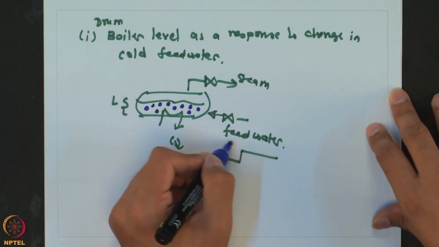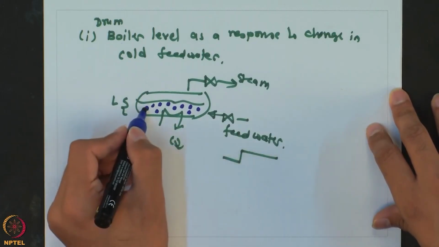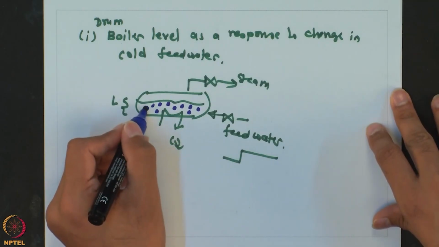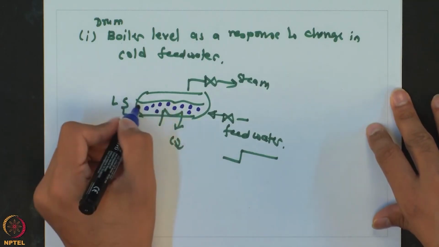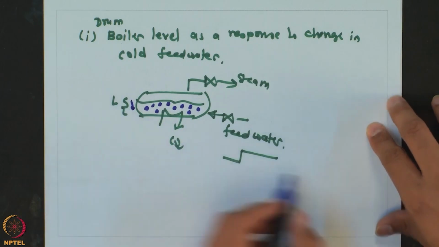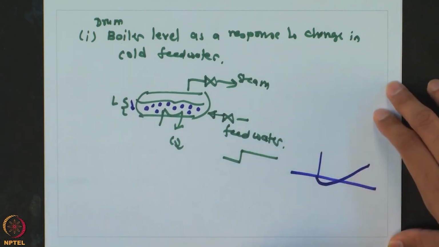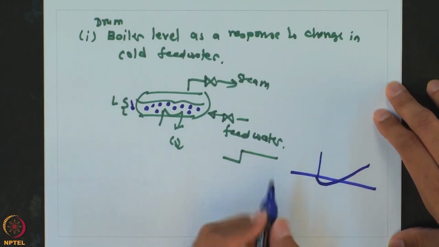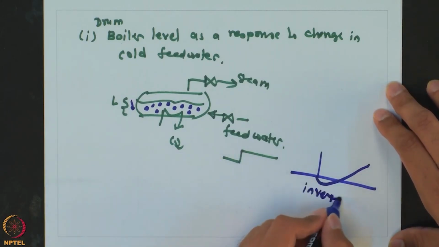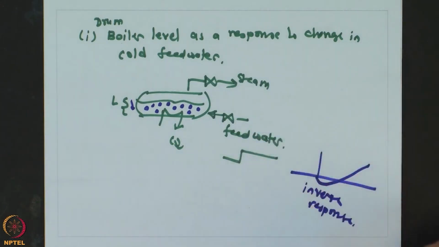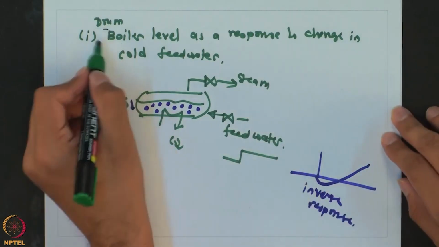When you add cold feed water in, then the volume of these droplets go down, and as the volume of these droplets go down, the actual level goes down. So, the response of the level looks something like this as a response to step change in the input, and you get inverse response. It is a very commonly studied process where you get inverse response.